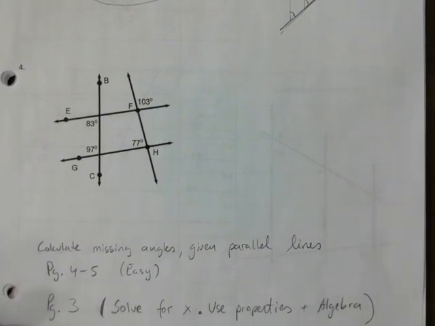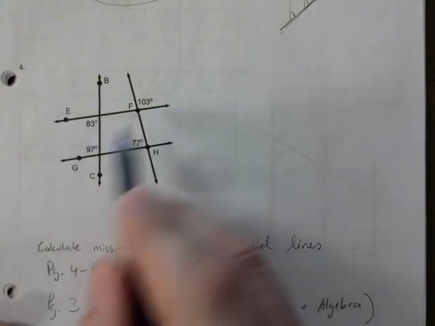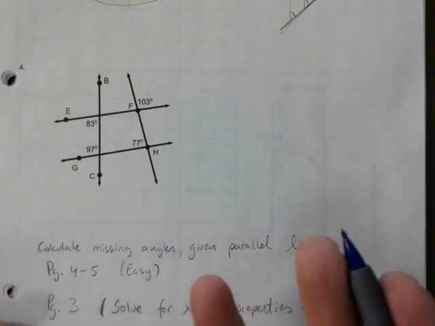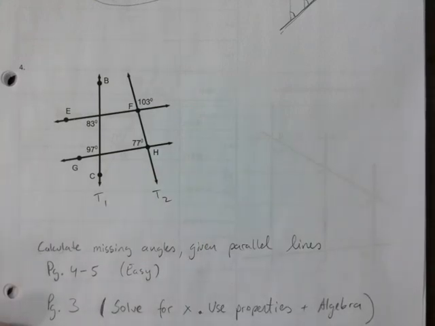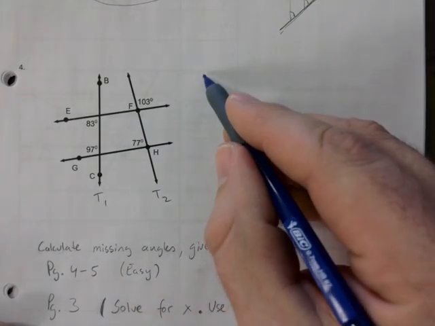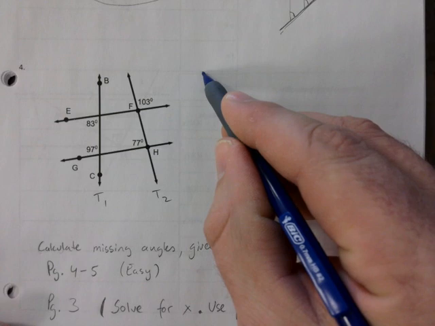Question 4. The goal is to show EF is parallel to GH. This is transversal 1, transversal 2. You choose the transversal you'd like to use. Sometimes one is better than the other. I will say this though here.